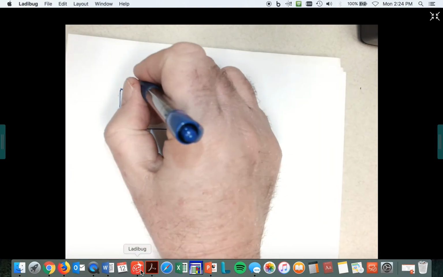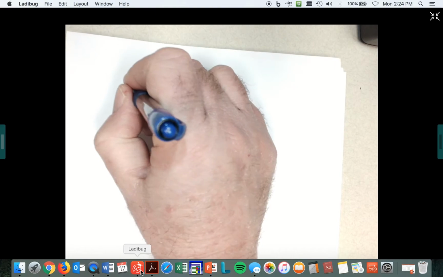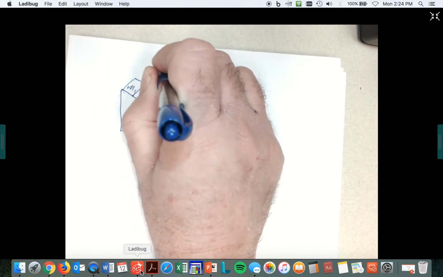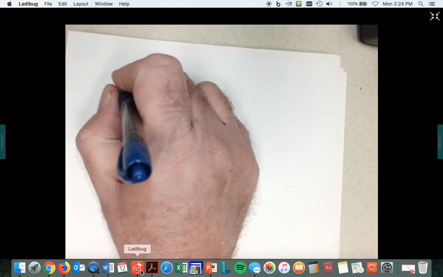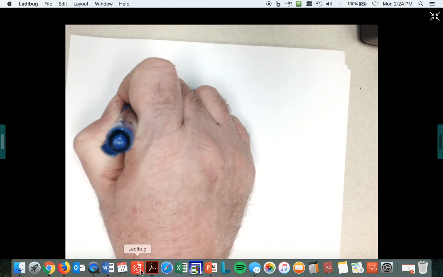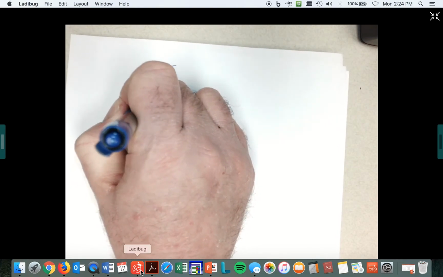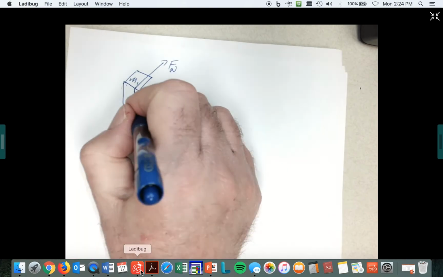Let's look at the forces acting on it. First of all, we've got a normal force, perpendicular to the incline. And then we've got the gravitational force. I'm putting those two vectors together, because that's the beauty of vectors.